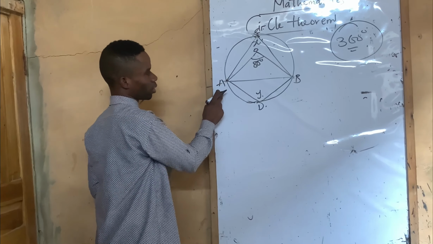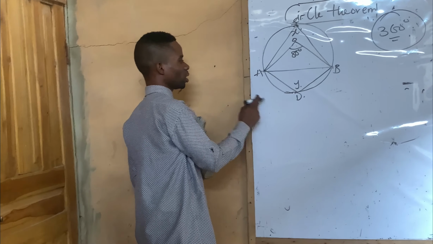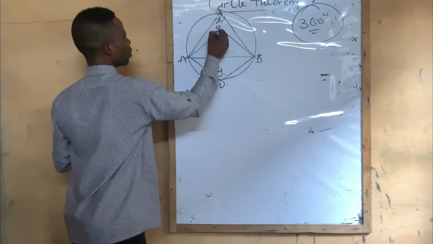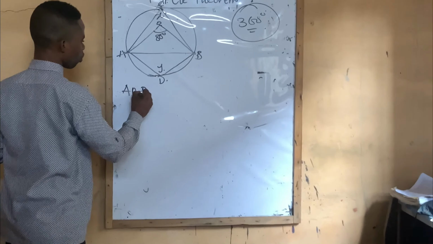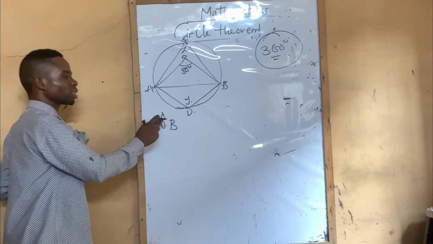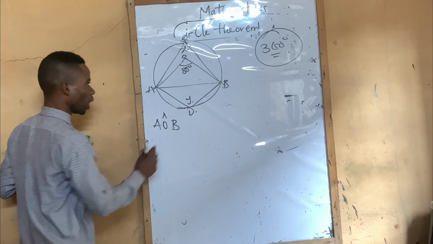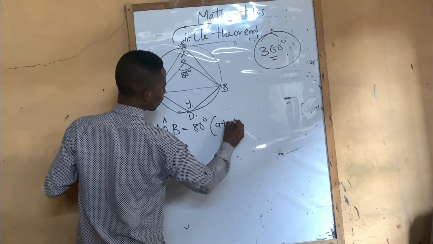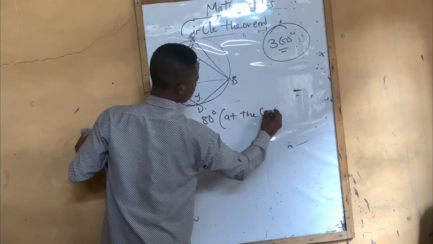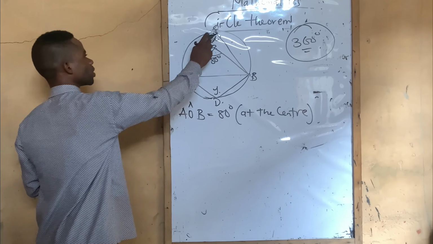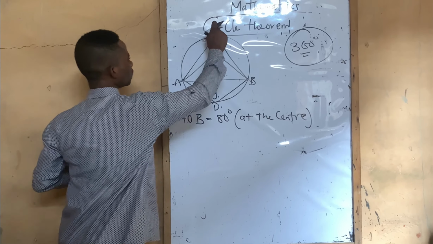Now, the angle here, how do we write it mathematically? That means AOB. The angle is always in the middle one. Any letter in the middle, that is where the angle stays. AOB is 80 degrees, let's say at the center. Now, to get the angle at the circumference, that is ACB.